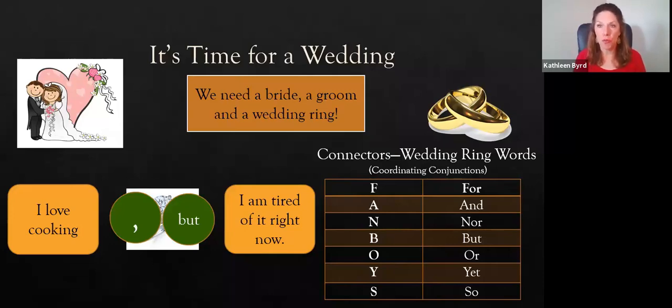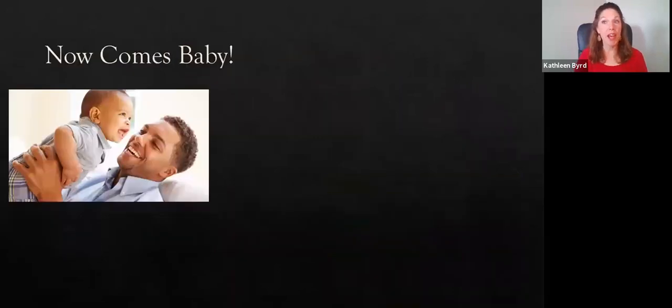F for for, A for and, N for nor, B for but, O for or, Y for yet, and S for so. Our wedding ring words that connect two independent clauses.